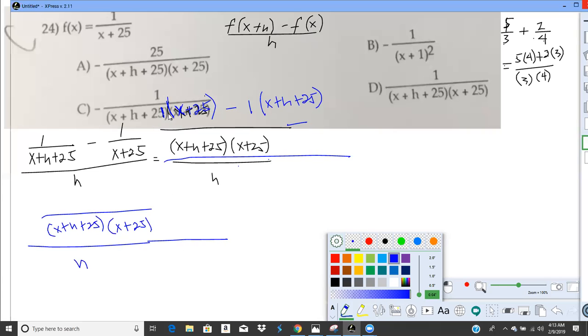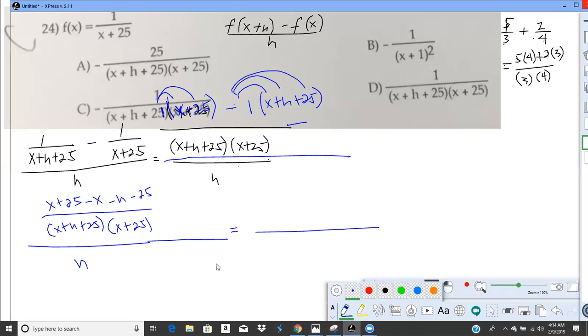Now you distribute the 1, so you have x + 25. You distribute the negative 1 to this, so this becomes minus x, minus h, and negative 1 times 25 is minus 25.